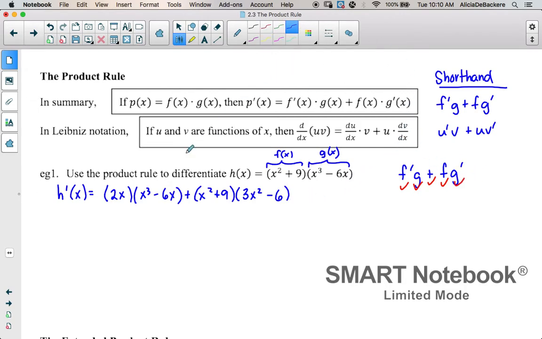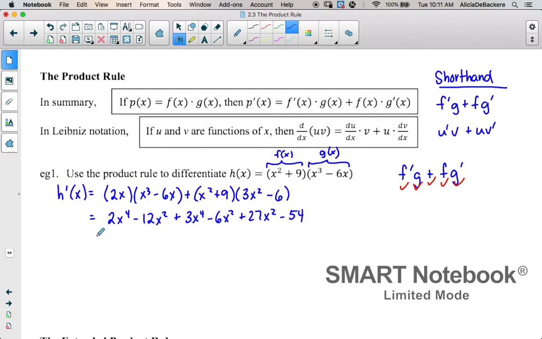So then the next part here is we need to simplify. When I simplify, the first thing I look for is, is there a common factor? So there's the first expression here, and then they're separated at the plus sign, and then the second expression. There's no common factor there for me to take out. So what I'm going to do is actually expand this 2x into the bracket, and then I'm going to FOIL this out. So I'm going to take the x squared and multiply it in, and then I'll take the 9 and multiply that in.